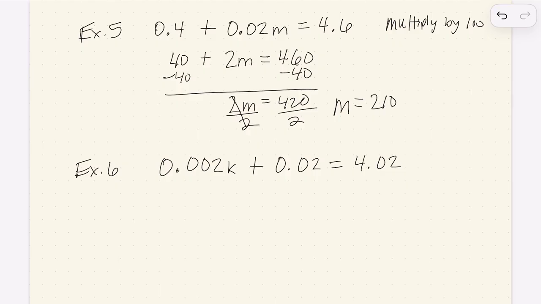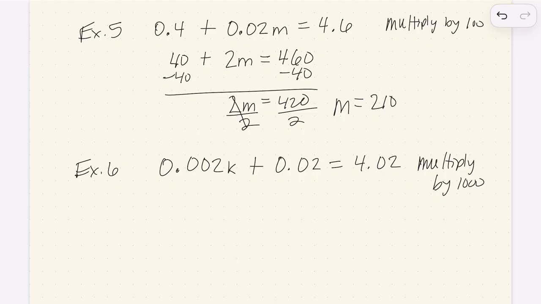Okay, let's try another one. This first term has 3 digits, then I have 2 digits, then I have 2 digits. So really, if I multiply this whole thing by 1,000, that is going to get all of these to have whole numbers.